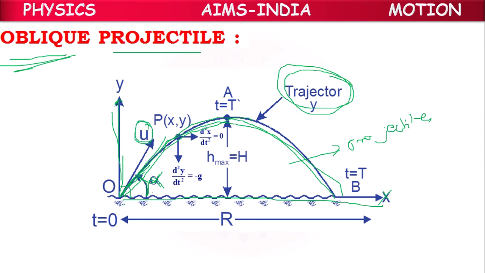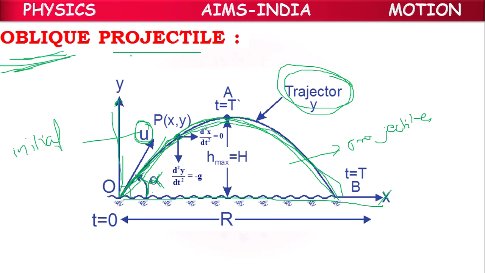With the initial velocity u, we throw the body, and the body travels in this path. So this is called the trajectory, and this is called an oblique projectile.